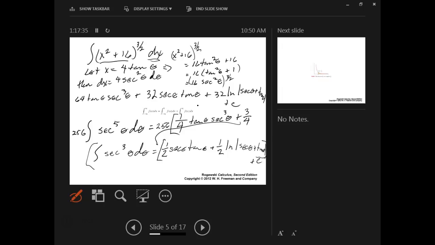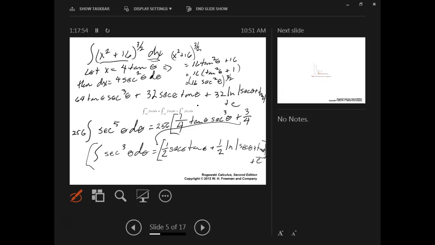They have 64 tangent theta secant cubed theta, but they have plus 96. You're right, it'd be 192, and 192 divided by 2 is 96. I forgot to multiply by 3.